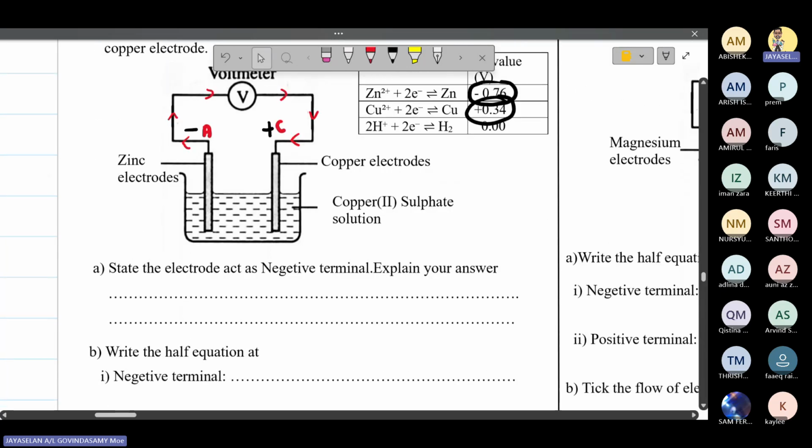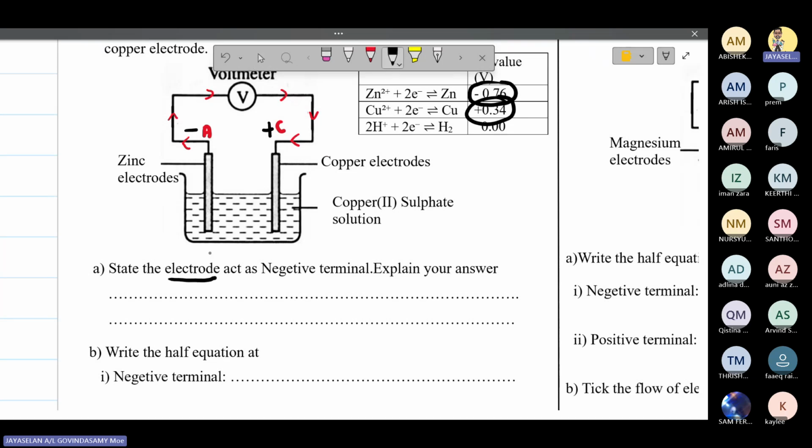Now I actually do the first question. State the electrode that acts as the negative terminal. Electrode means the rod. Either this rod or this rod. Which one is the negative terminal? My answer, I put zinc. I take the zinc electrode. I already got 1 mark. Why?